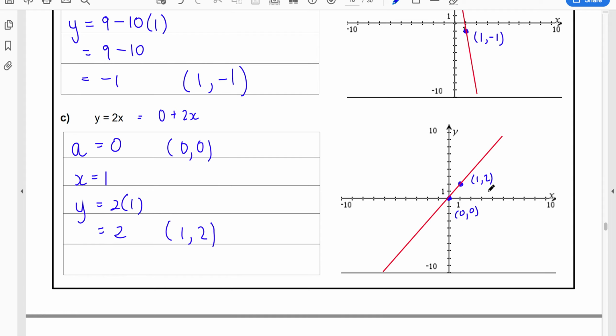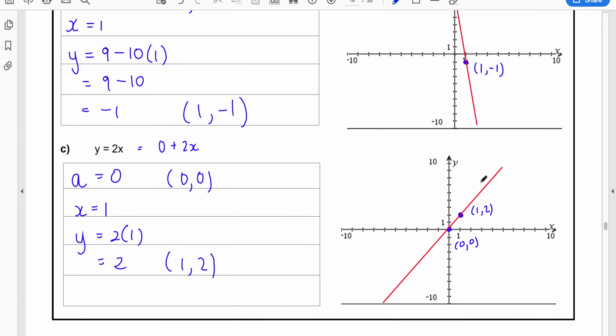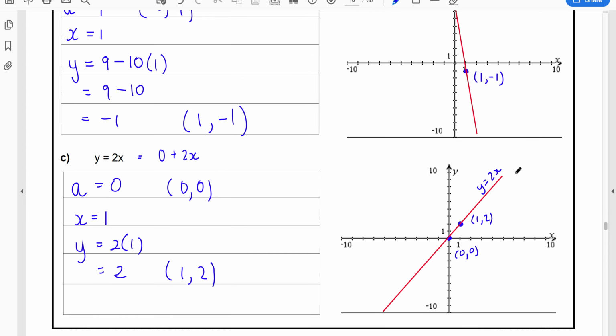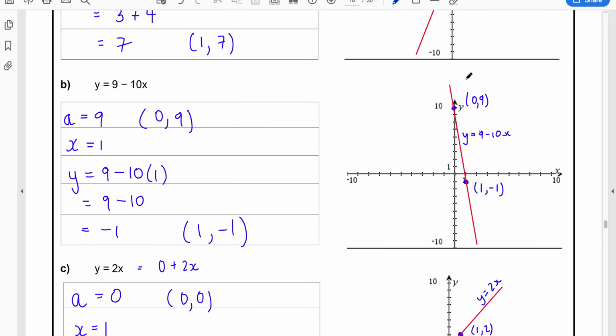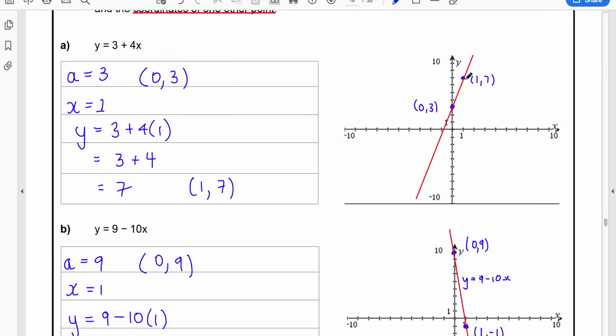There we go. What you can also do, just to get used to it, is put your graph's equation or label it next to the graph, mainly because when we start doing a couple of graphs on the same set of axes, we are definitely going to need it labeled.